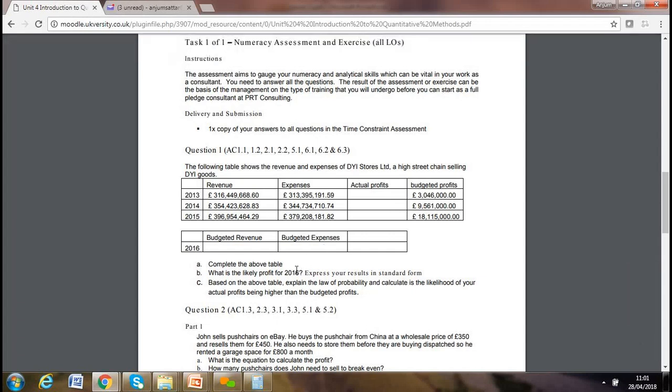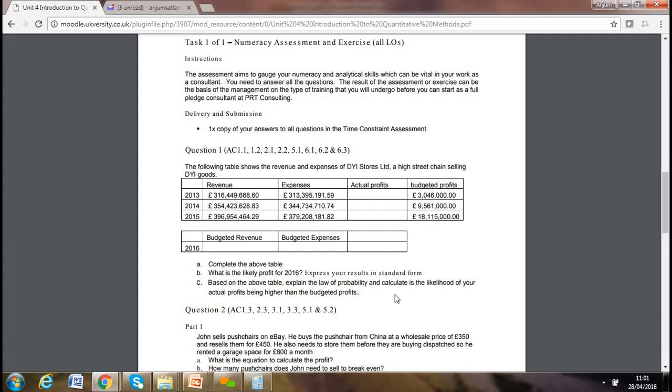Based on the table below, explain the law of probability and calculate the likelihood of your actual profit. Likelihood, or probability, means the chance. When I take the difference between the actual profit and the expected budgeted profit, I can make exactly the same trend and do the difference.